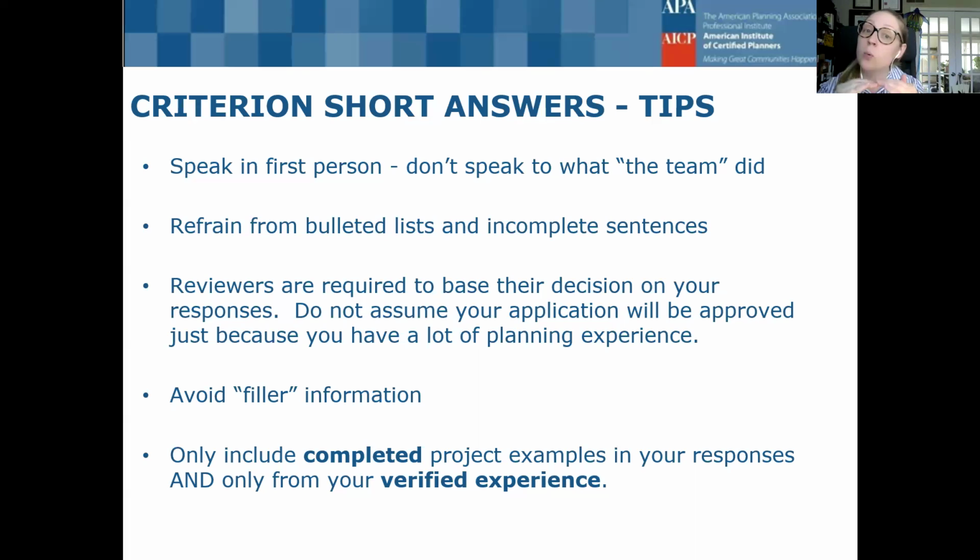So he wrote all about this, but council hadn't voted on it at the time that he submitted his application. So in essence, we didn't know if he influenced public decision-making because we didn't know if council passed his recommendations or not. So because of that, we couldn't use it as a valid answer. So again, only completed projects.